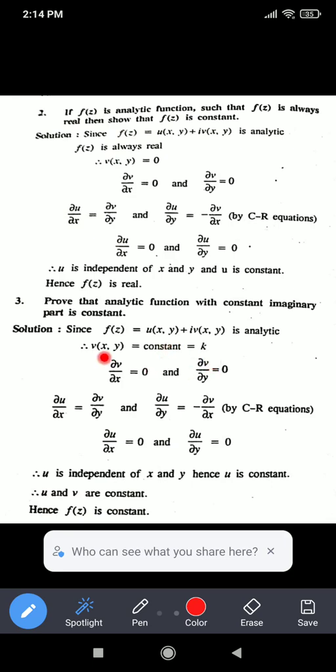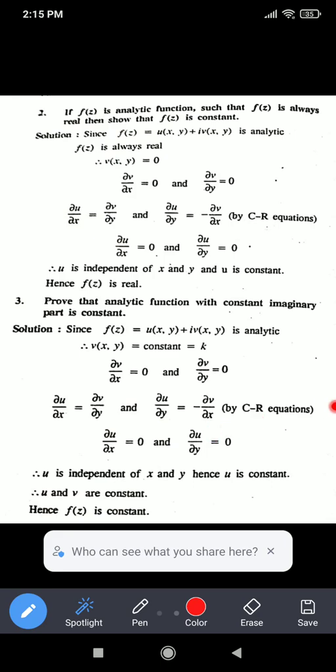Now differentiating this function with respect to x and y partially, we get ∂v/∂x is equal to 0 because k is a constant. Then differentiating partially with respect to y, ∂v/∂y is equal to 0. Now by using the CR equations, we get ∂u/∂x is equal to ∂v/∂y and ∂u/∂y is equal to minus ∂v/∂x. We know the CR equations, all of you.